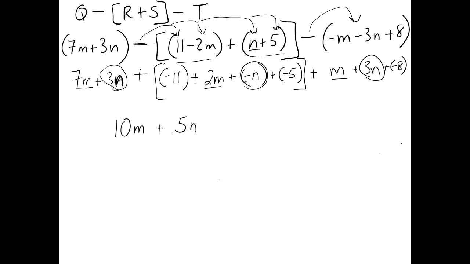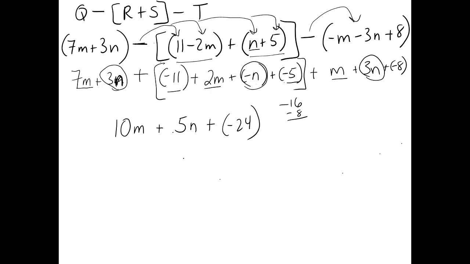Okay, then I'm going to add all of my constant terms. So I have a negative 11 plus a negative 5, that's going to be negative 16. Okay, plus a negative 8, so that's going to be a negative 24.